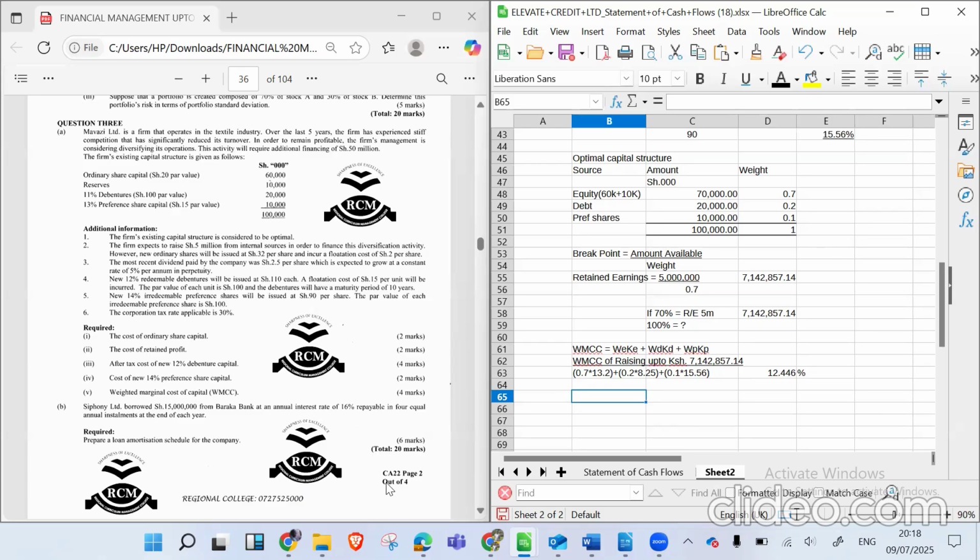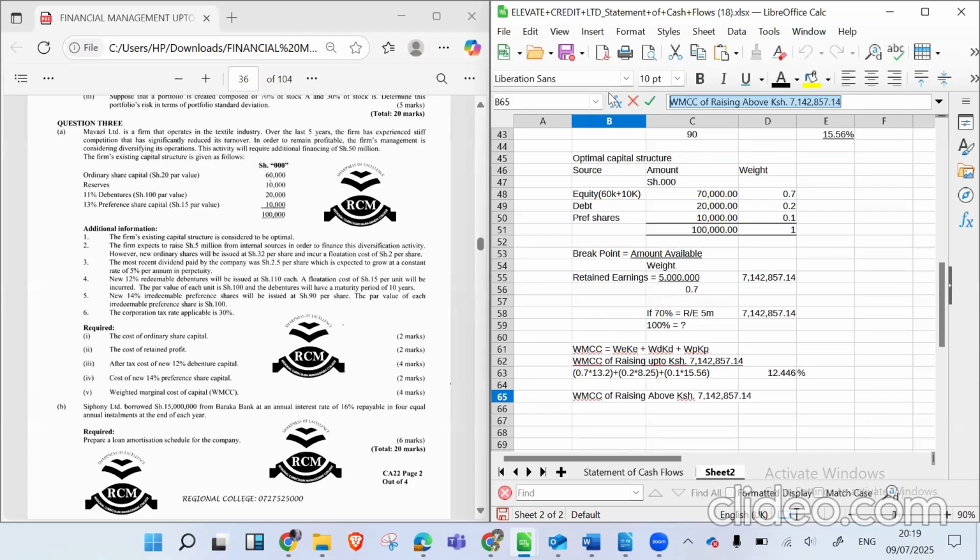Then I'll have the second part of WMCC. WMCC of raising above, ama over, Kenya shilling 7,142,857.